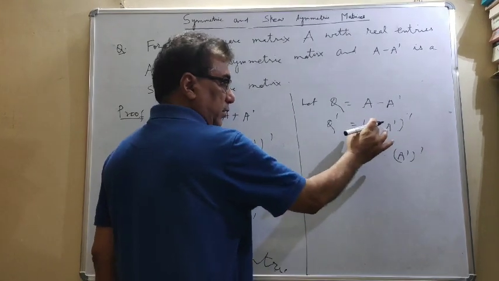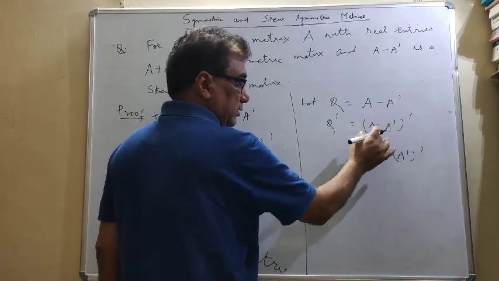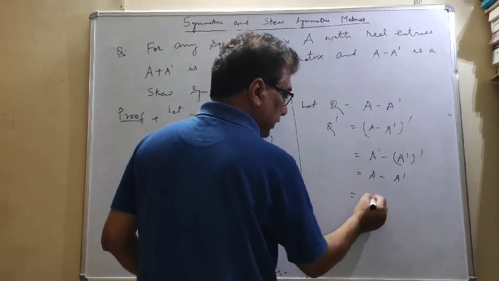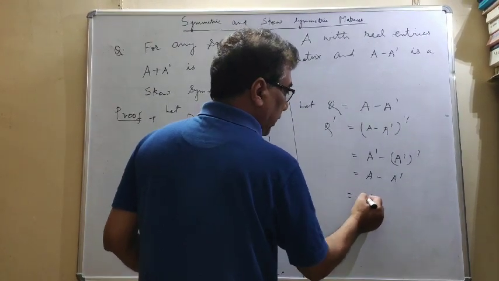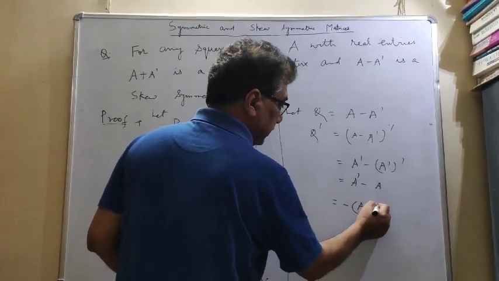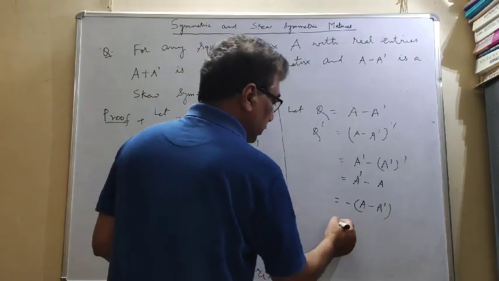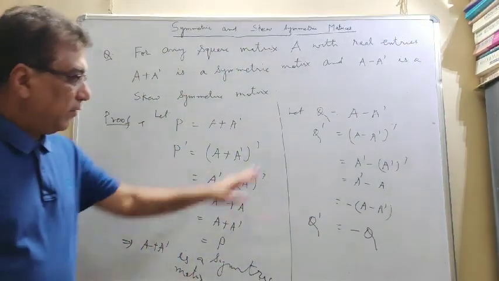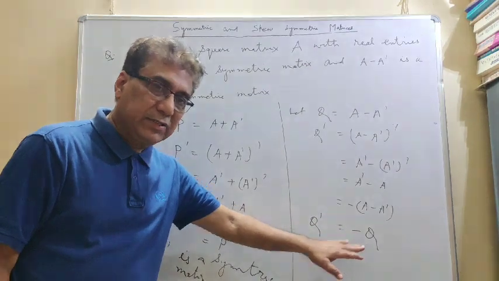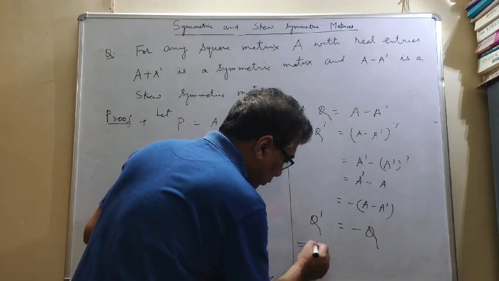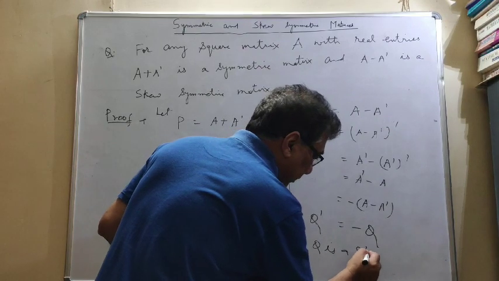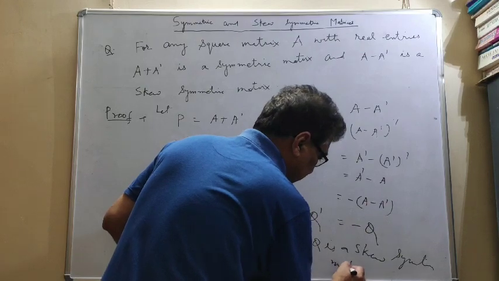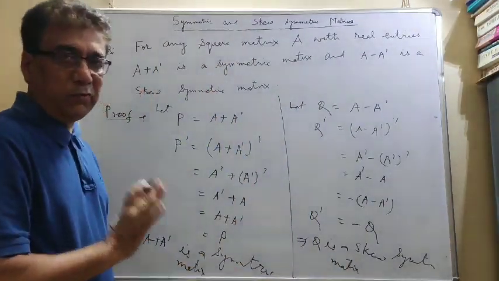This is the property of transpose of matrices, and then we are getting a double transpose here, so this will be A, and then this may be written as minus of (A minus A dash), which is equal to minus of Q. So finally we are getting Q dash is equal to minus Q. This proves that Q is a skew-symmetric matrix. So this is the proof of this result.